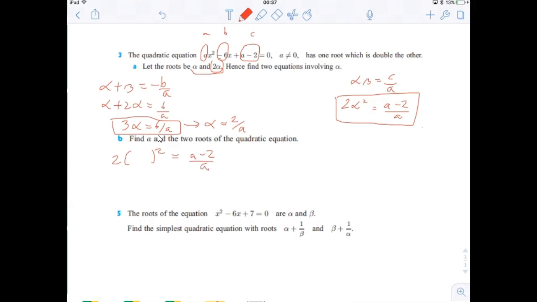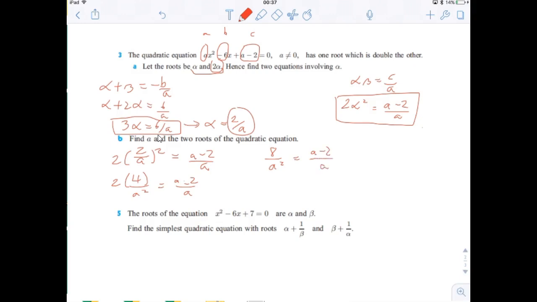I'm going to put 2 over a in for alpha. Okay? Then I'm going to have 2 times 4 over a squared equals a minus 2 divided by a. And so that would be equal to 8 over a squared equals a minus 2 divided by a.